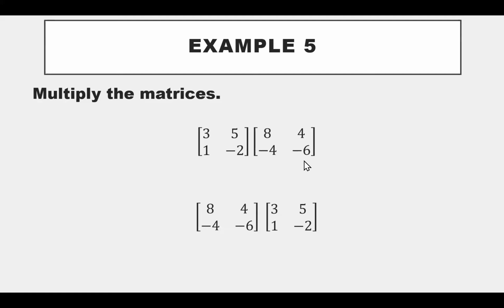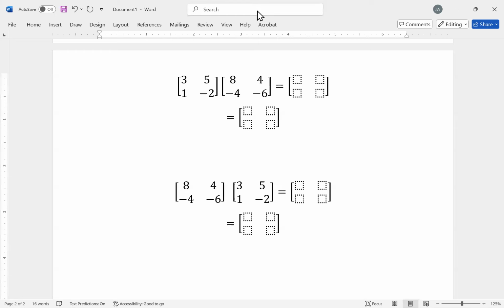I will show you how each is done in a couple of seconds. Now, I'll talk about the dimensions in a moment, but basically, since we have a 2 by 2 matrix times another 2 by 2 matrix, our resulting matrix is going to be 2 by 2 as well.